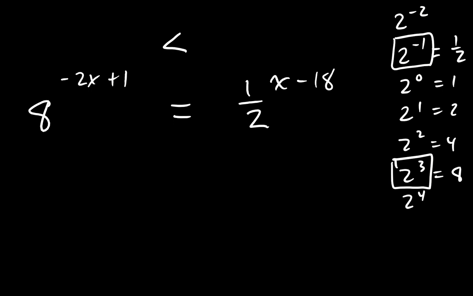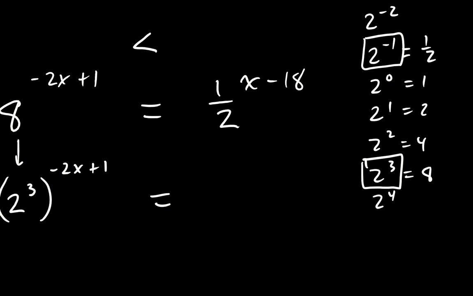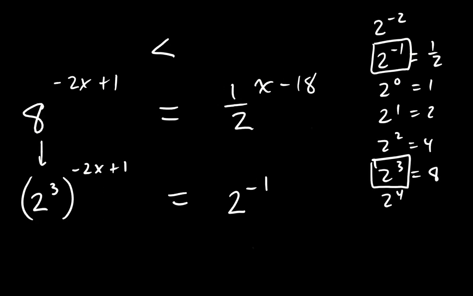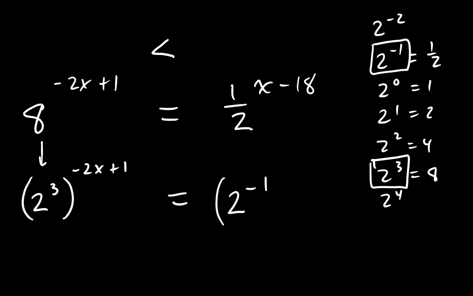So we're going to rewrite this 8 as 2 to the third power. But I have to take that number 8 and raise it to the negative 2x plus 1 power. And we're making that equal to, on the other side, the number 1/2 written as 2 to the negative first power, because that is exactly what 1/2 is.